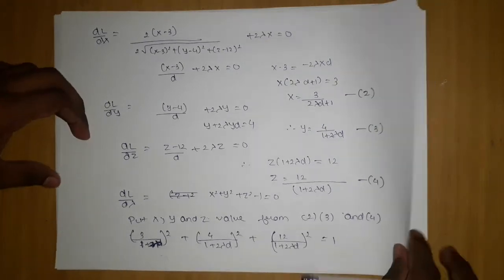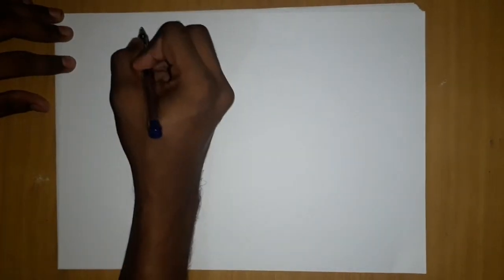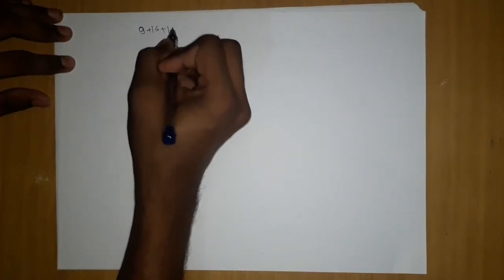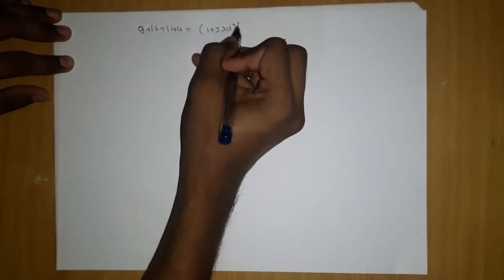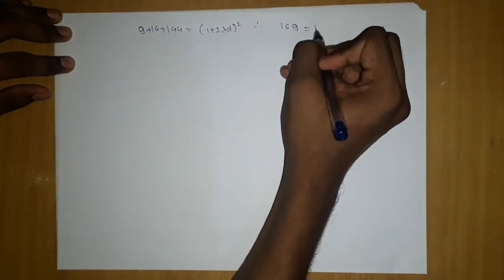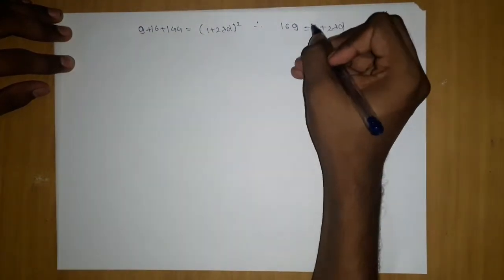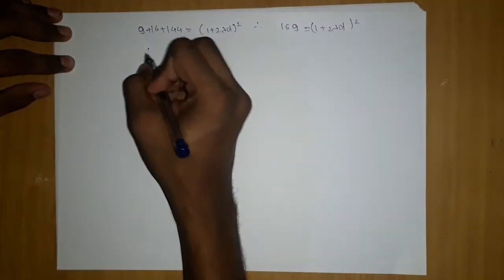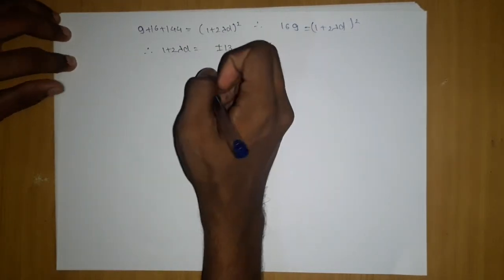Therefore 9 + 16 + 144 = (1 + 2λd)². Therefore 169 if you add, is equal to (1 + 2λd)². If I move it, I have 1 + 2λd = ±13.